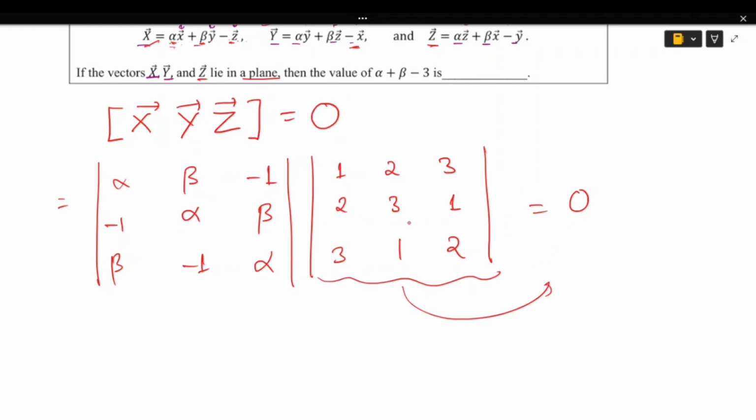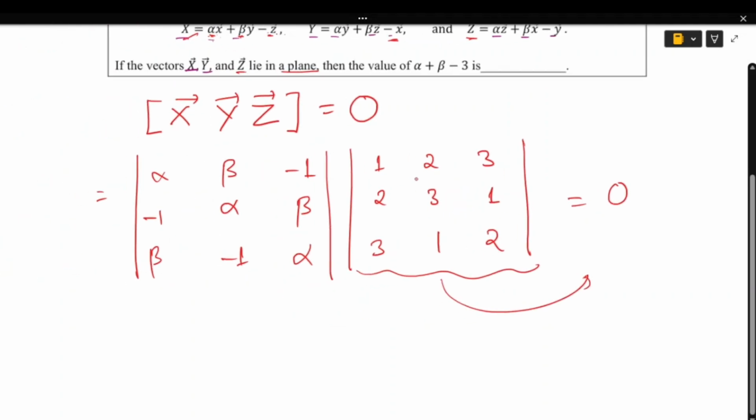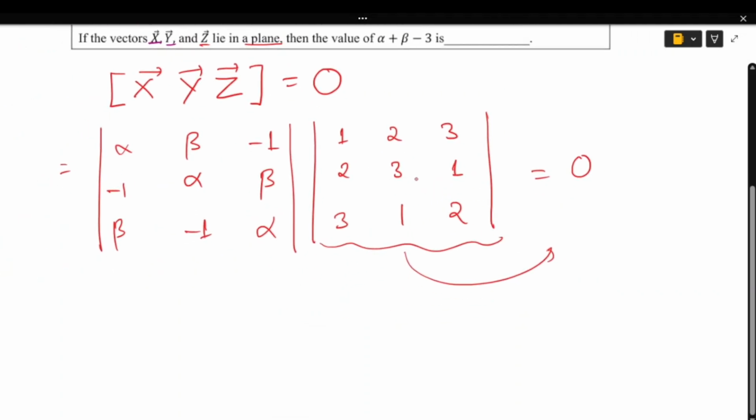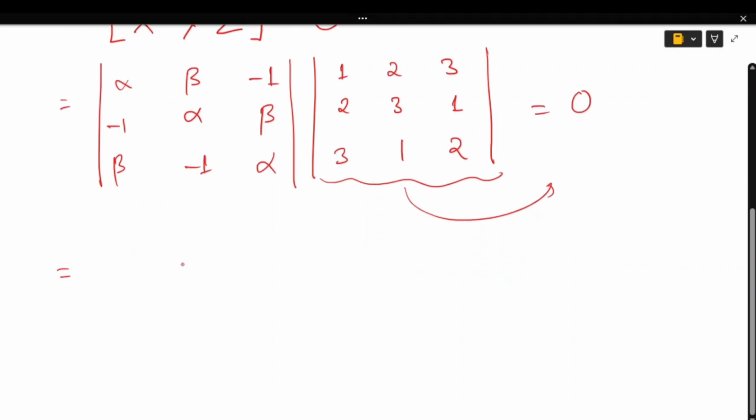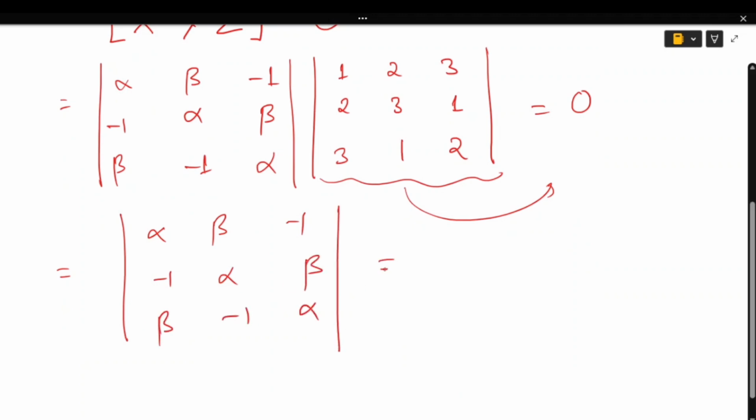You can also observe the determinant is non-zero; if we wish we can expand it, but there is no need. So this goes to 0. Now we just need to find the determinant of alpha beta -1, -1 alpha beta, beta -1 alpha.